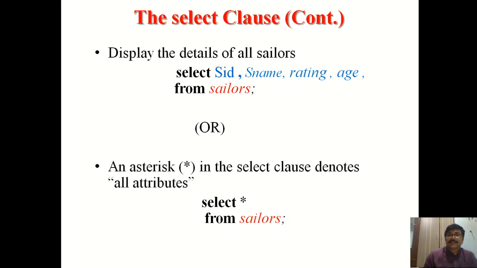This is somewhat difficult. Because of this we have a keyword called star, which includes all columns. Whenever you are required to display all the columns of a table, we can simply use star instead of writing all the columns.